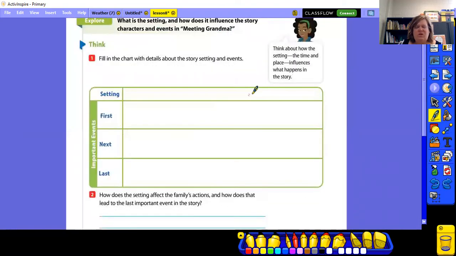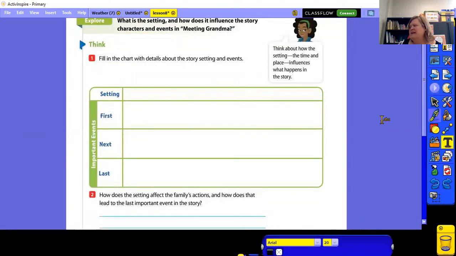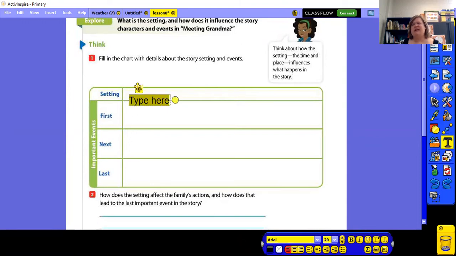So we're going to put a text box here, and we're going to say that the setting takes place in an airport. Just a little bit of grammar for you there. We use "an" because airport starts with an A, which is a vowel. You don't want two A's together, so you use "an."